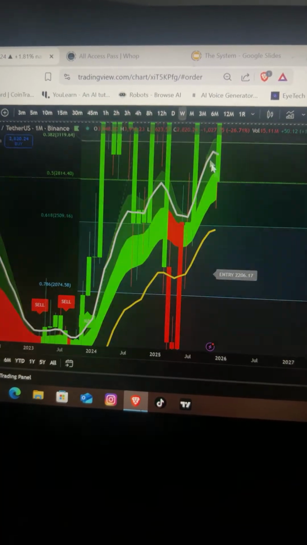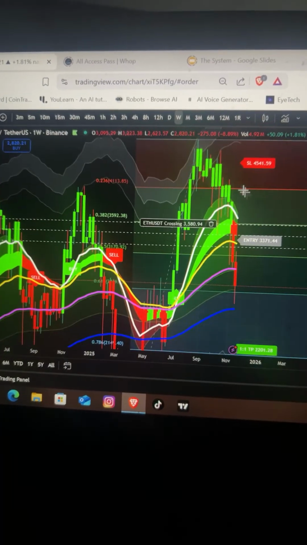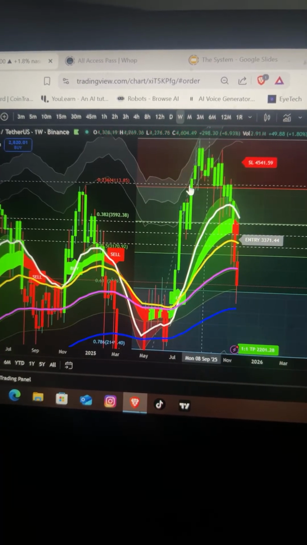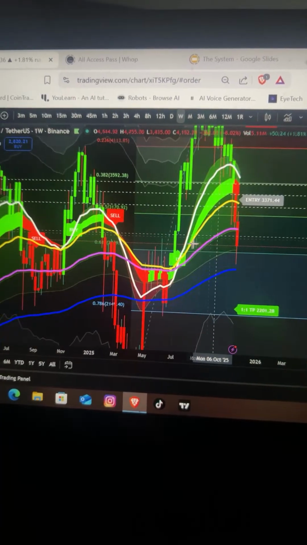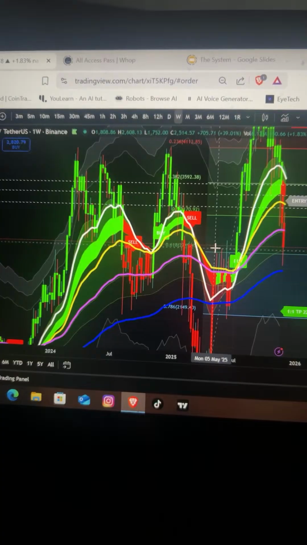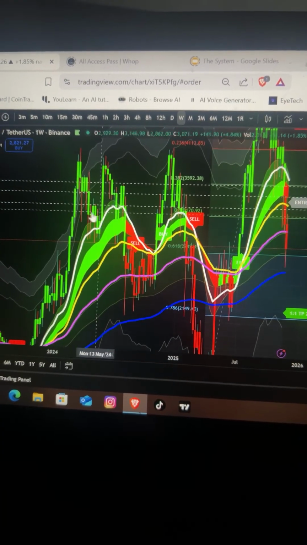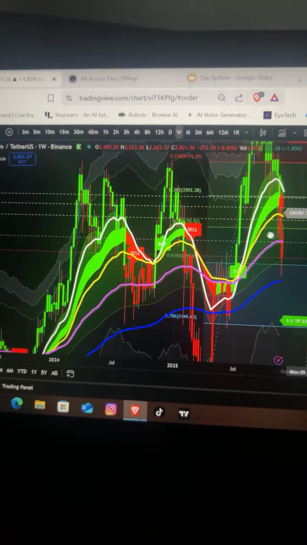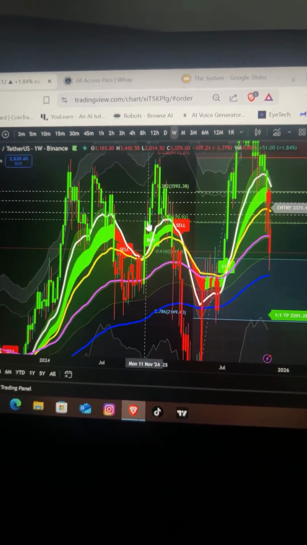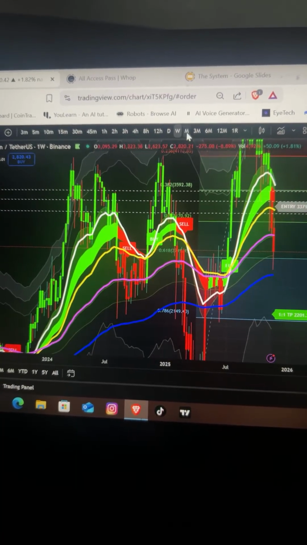You go then to your weekly, and let me see if I catch one. You see another one right here, a red one, and then we have this one right here, and this one. Some of these areas will be key important monthly areas, a bunch of these areas right here.